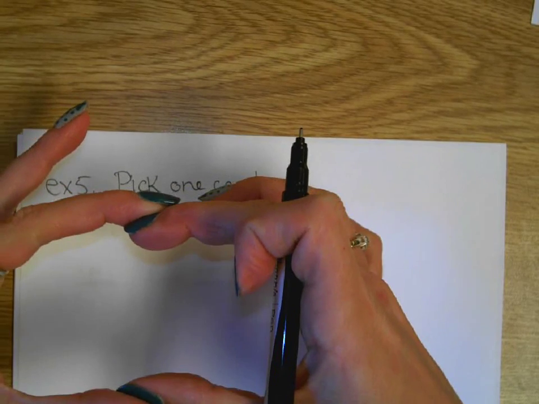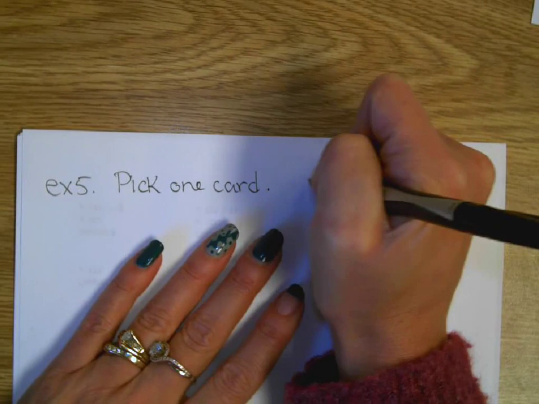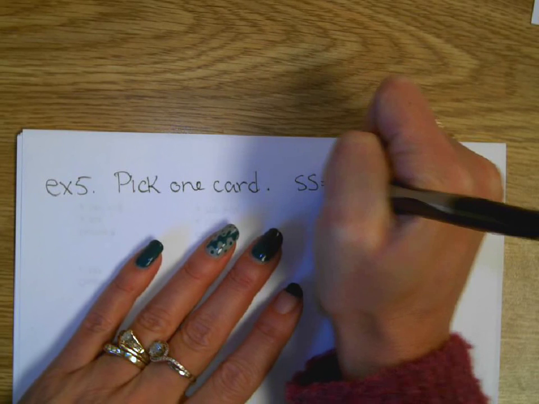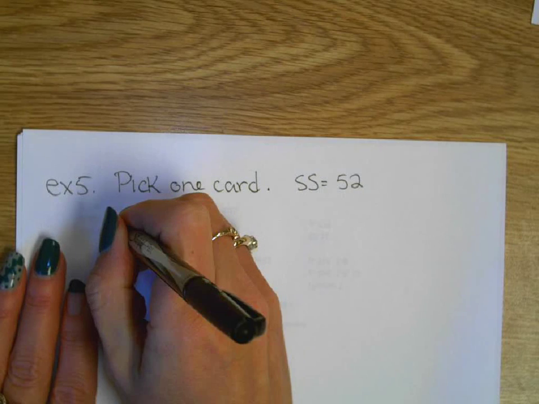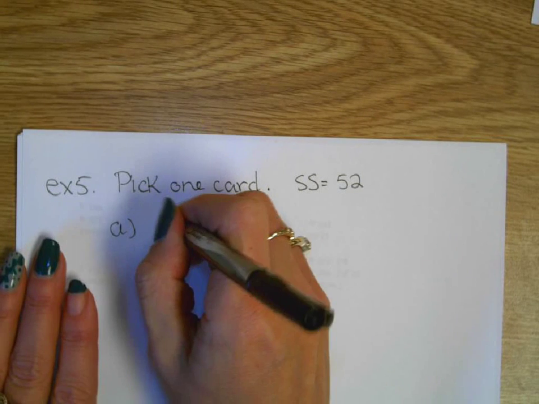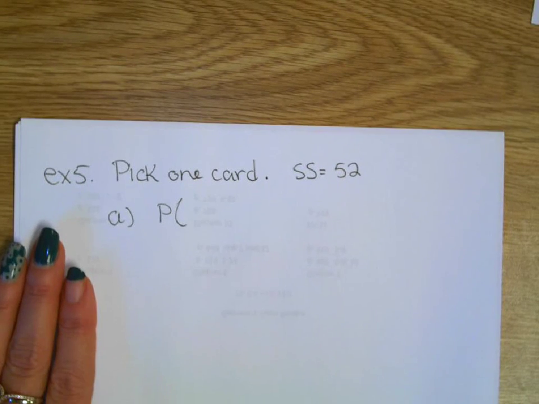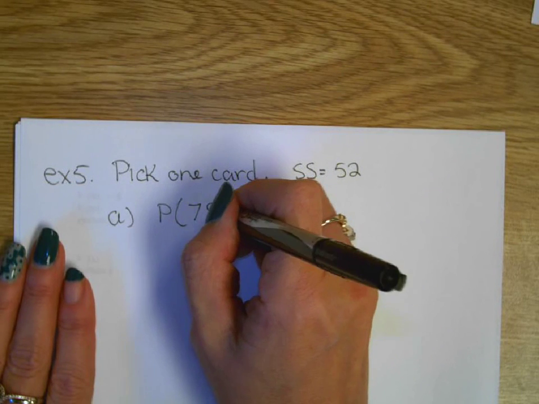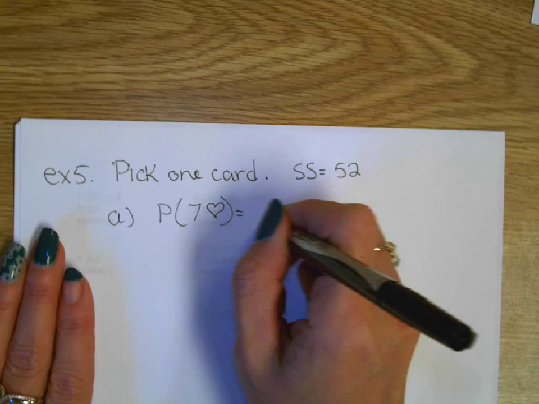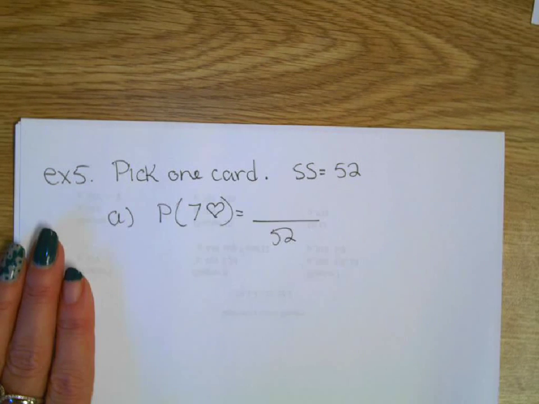There's 52 different cards I can choose out of that deck. So their sample space are the 52 different cards. So I know it's going to be my bottom number. The first event I am looking at is, what's the probability that I draw out of that deck the 7 of hearts? Well, right away I know out of 52.